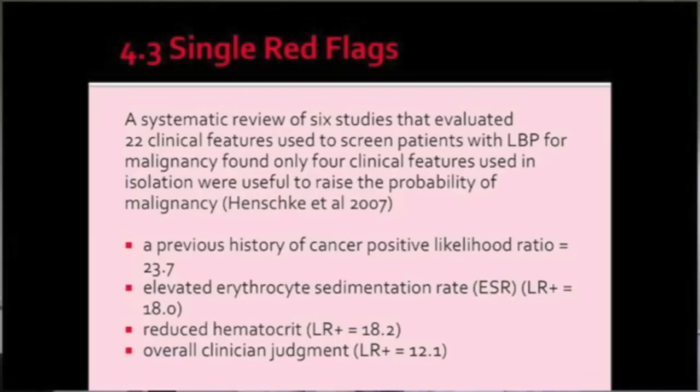A previous history of cancer yielded a positive likelihood ratio of 23.7. Elevated erythrocyte sedimentation rate, or ESR, yielded a positive likelihood ratio of 18. A reduced hematocrit yielded a positive likelihood ratio of 18.2. And overall clinical judgment yielded a positive likelihood ratio of 12.1.